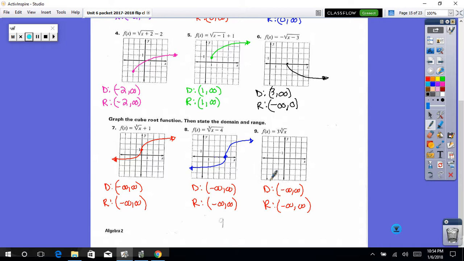Okay, number 9, the only thing, he's still staying at 0, 0. He just gets taller, faster, stretched out.